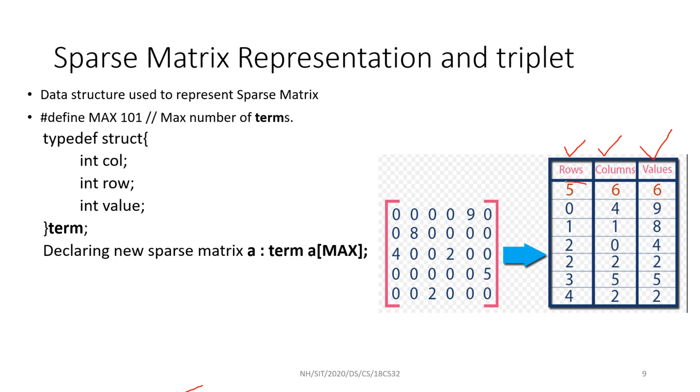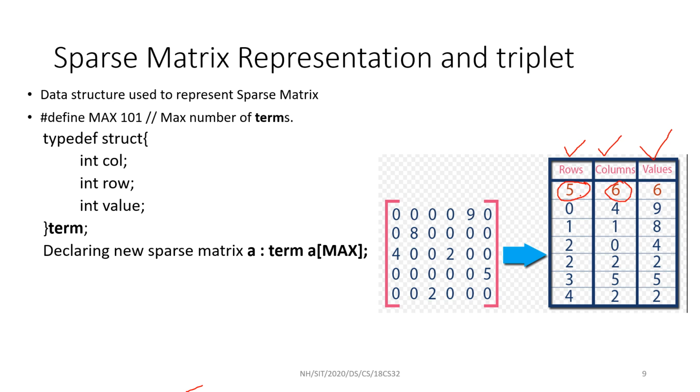The first row holds the number of rows, number of columns, and number of non-zero values. There are 5 rows and 1, 2, 3, 4, 5, 6 columns, the max columns.